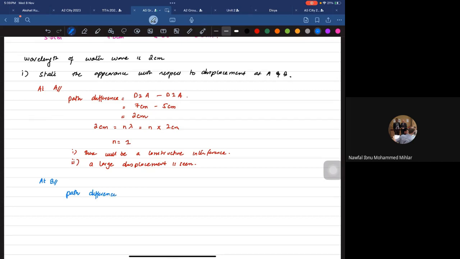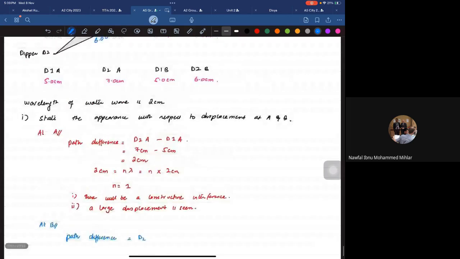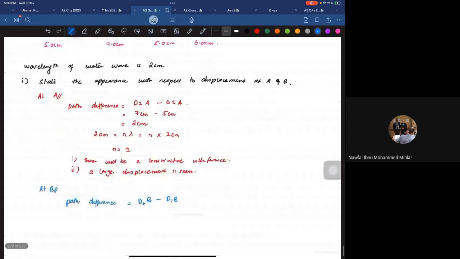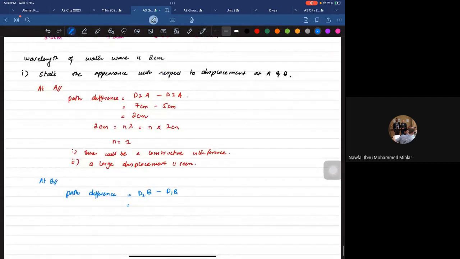Path difference now in that one, D2B minus D1B, has to be 6.0 centimeter minus 5.0 centimeter. That's 1.0 centimeter. Now, when you put 1.0 centimeter equals n lambda, so n times 2, which basically means n now will be half, which is 0.5.